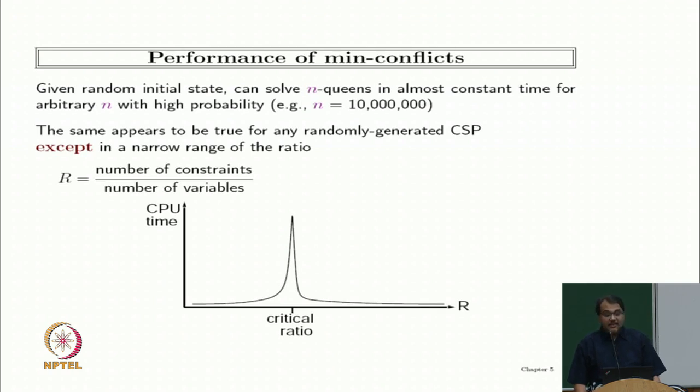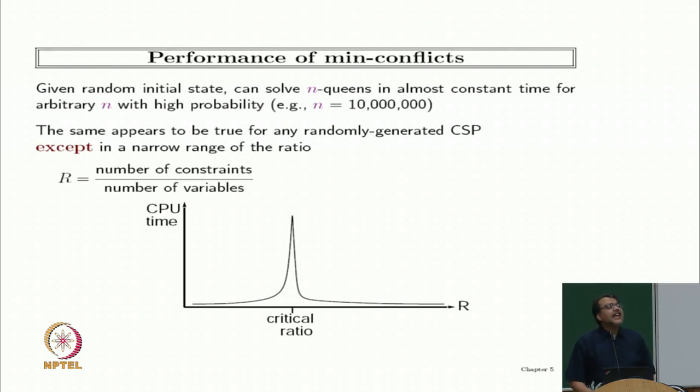We can solve it in almost constant time with very high probability. So it may not always give me a solution, but more often than not it will solve it. And that, I have always been saying, is the power of local search. Local search does not always give you guarantees, but it often solves problems in practice.